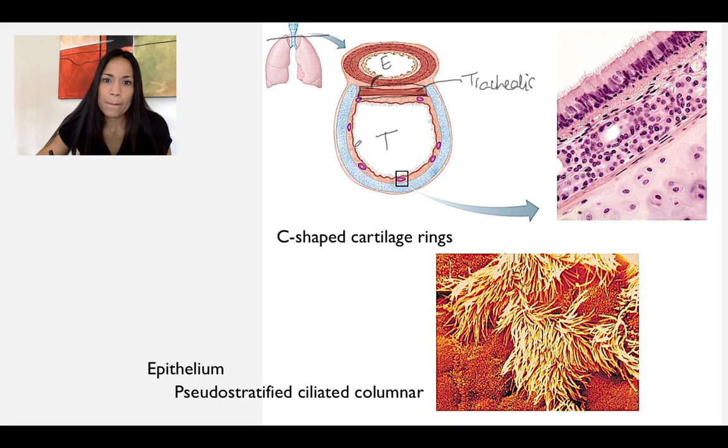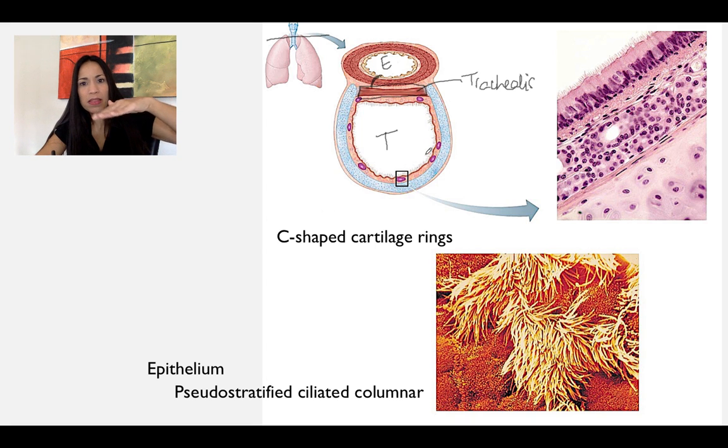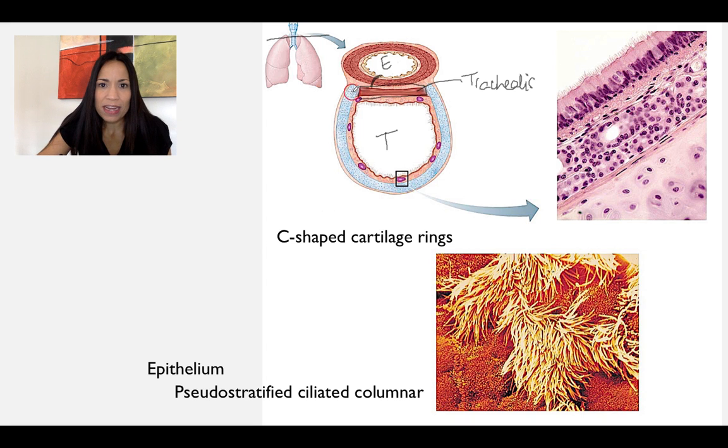Now, underneath that epithelium, we will find several glands, and some of these glands produce mucus and serous fluid that lines this epithelium and traps pathogens as well. And right in here, we can see the C shape, or almost like a horseshoe shape, right? Cartilage ring.